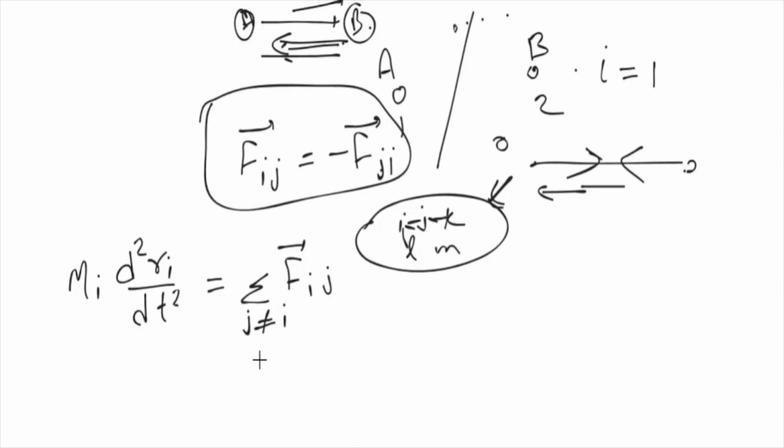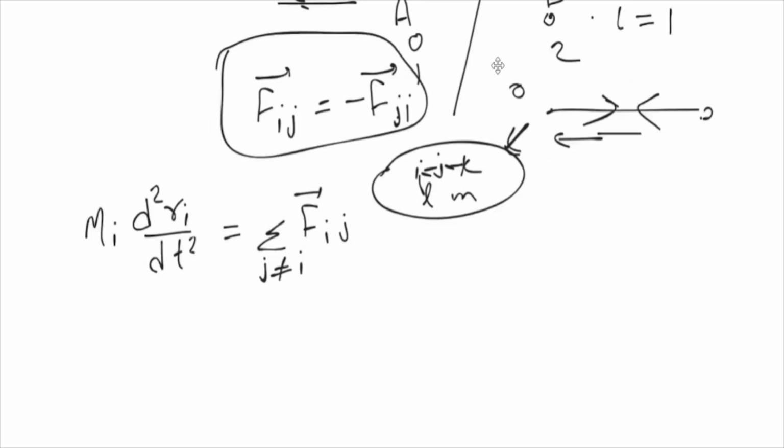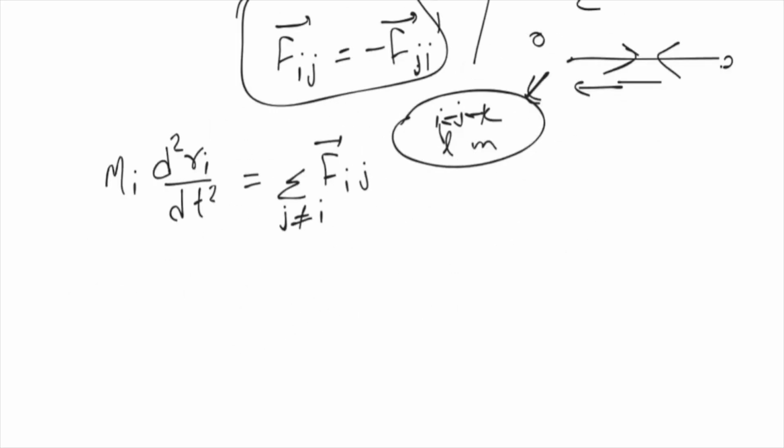We have taken j is not equal to i because particles don't exert force on themselves. That's why we have taken j is not equal to i, because a particle will not exert force on itself.